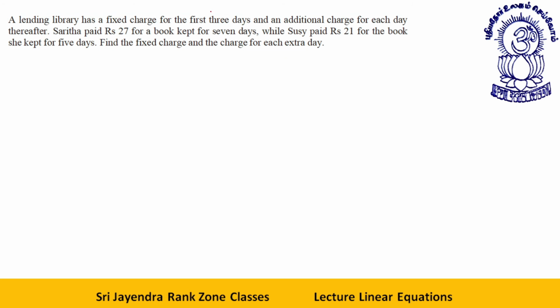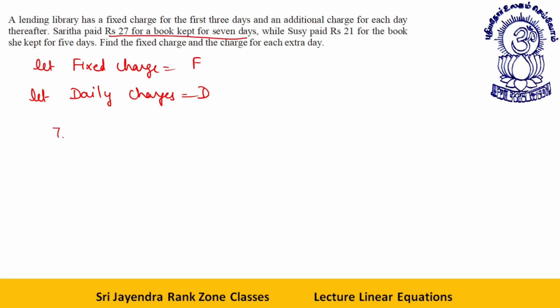A lending library has a fixed charge for the first 3 days and an additional charge for each day thereafter. Let fixed charge be F and daily charges be D. Sarita paid rupees 27 for a book kept for 7 days. 7 day charges will be F plus 7D, that is 27.